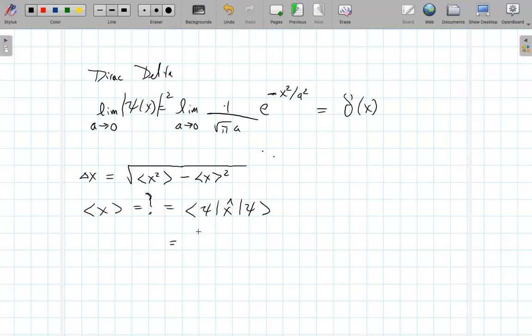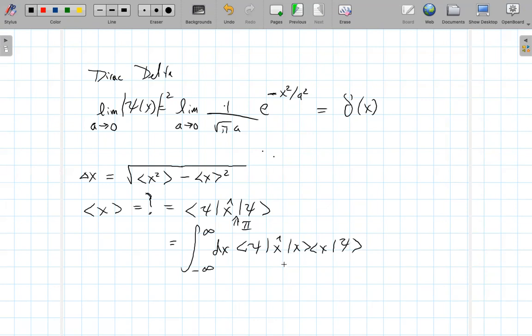Let's do an integral over position. First I want to act this guy onto, so let's put an identity in this location here. I'm going to write this as the integral from minus infinity to infinity of dx, psi x hat x psi.